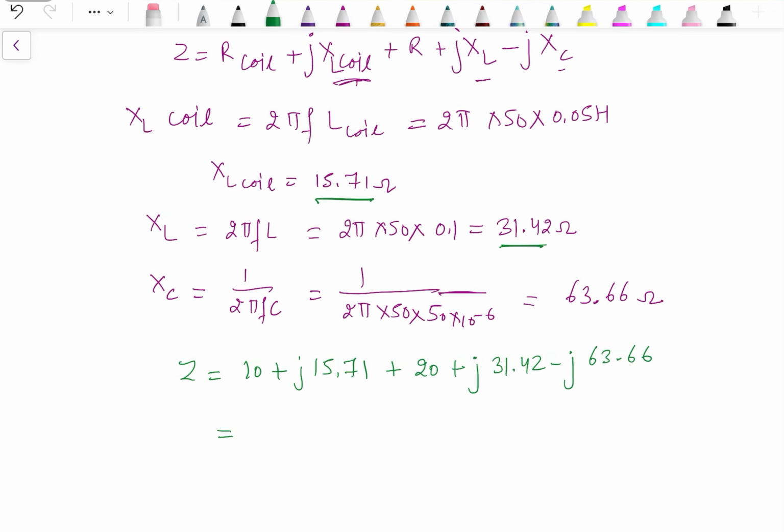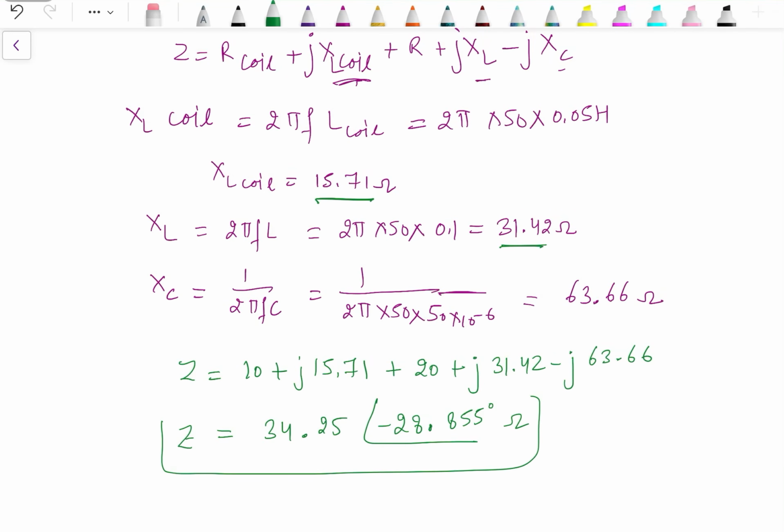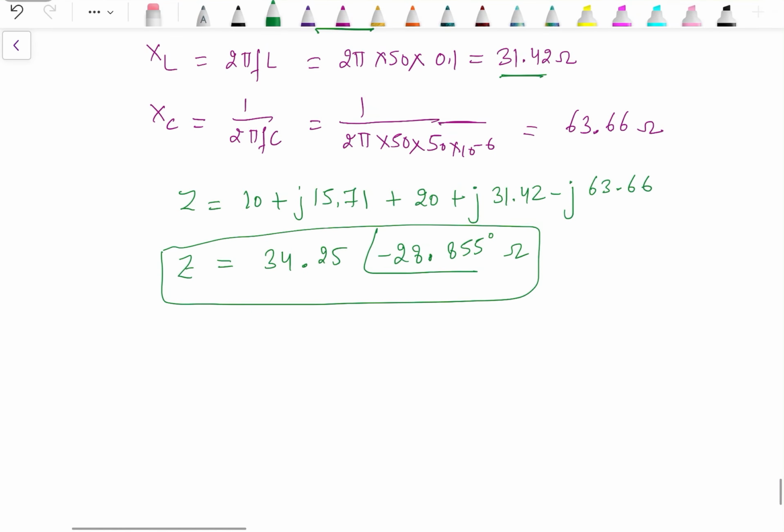So this Z is 34.25 and angle is minus 28.855 degree ohms. This is the value of impedance of this circuit. Now once we have the value of impedance, we can calculate the current as V by Z.